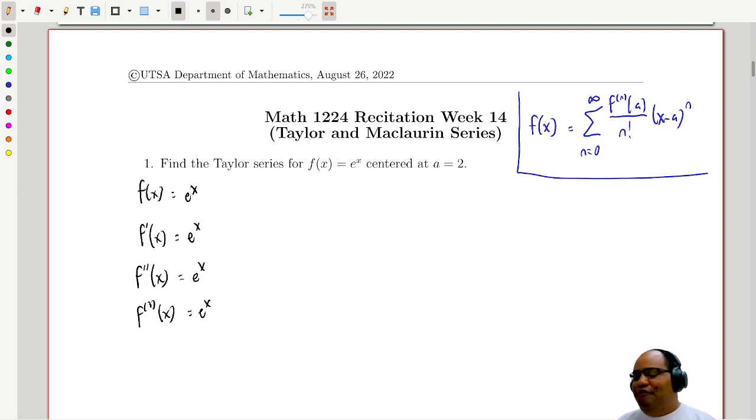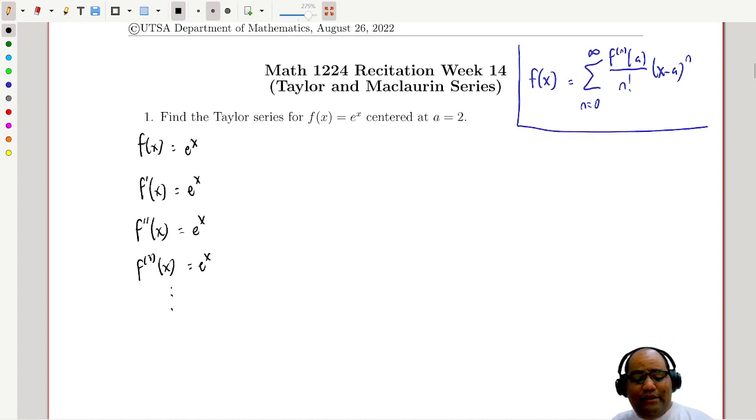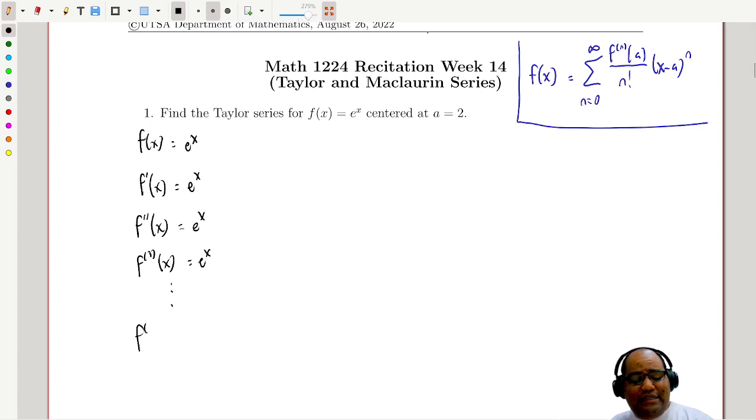So what's the nth derivative of e to the x? Well, surprise, surprise, it's just e to the x. That's so easy, right?